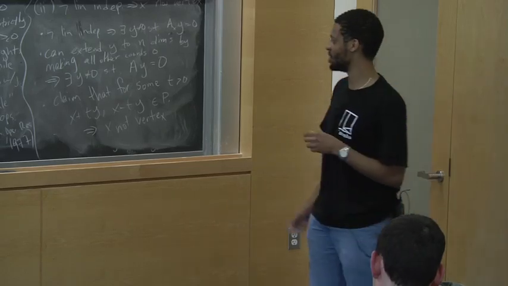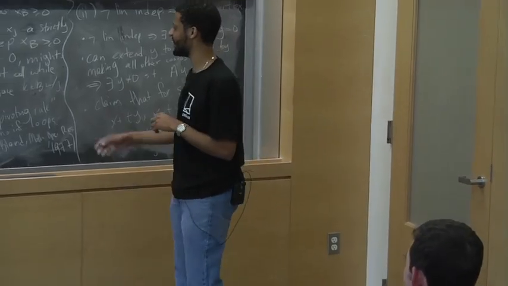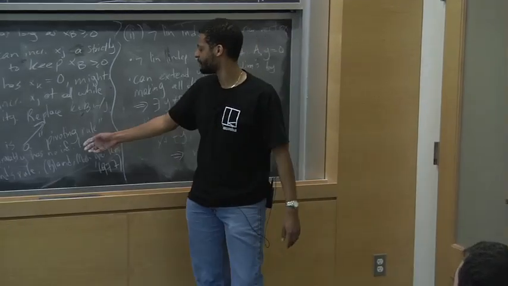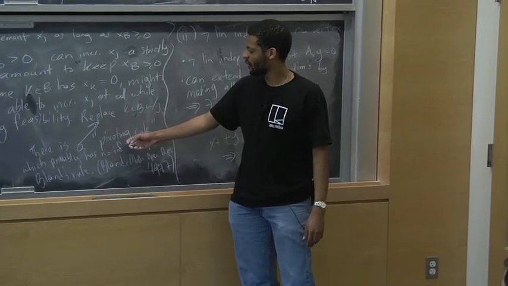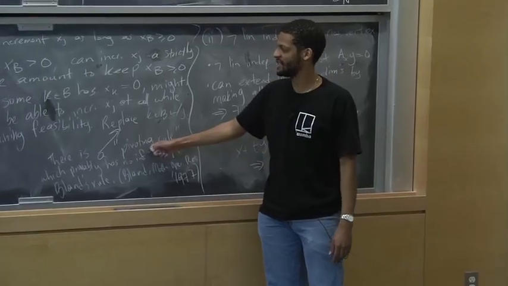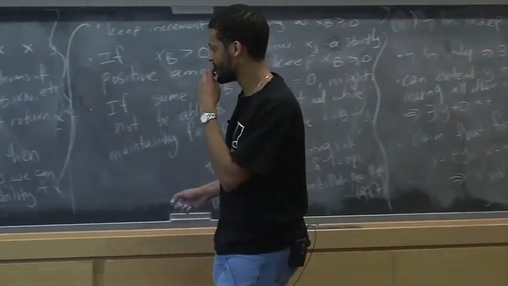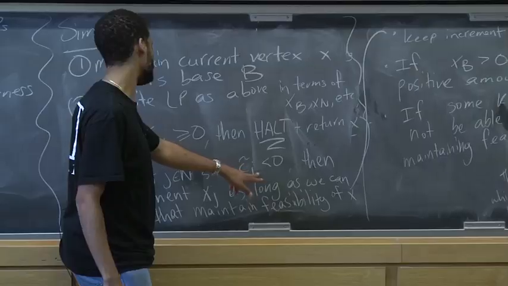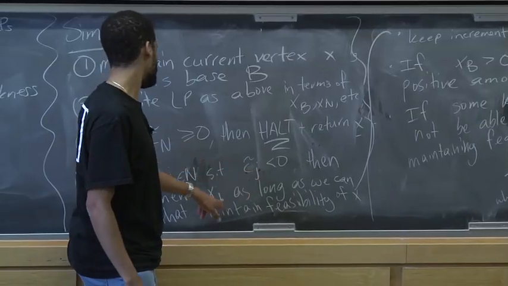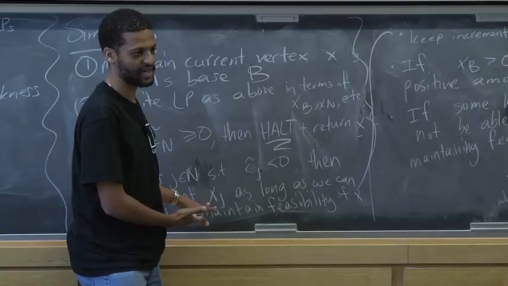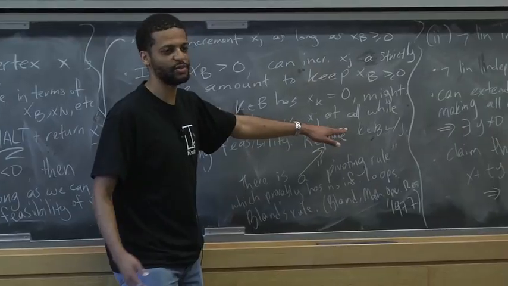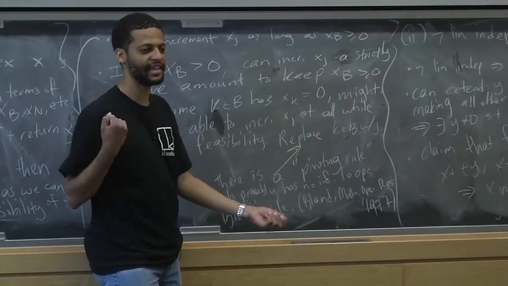Anyway, simplex is still used a lot today. There's always a choice here, right? There might be many j's with negative tilde cost here. So which one do you choose to increment xj? Or if you're in this case where you can't increment anyone, which one do you choose to put into the basis and to take out?